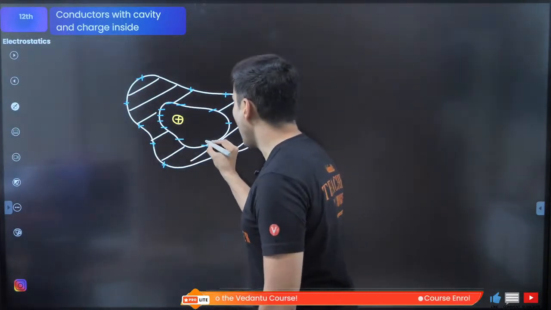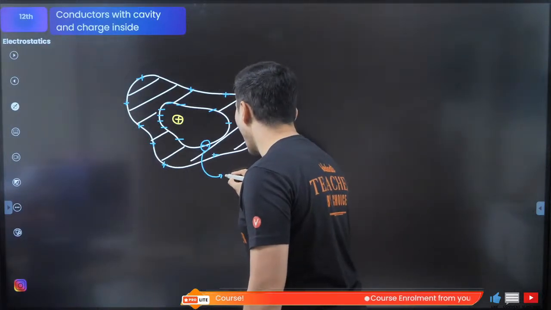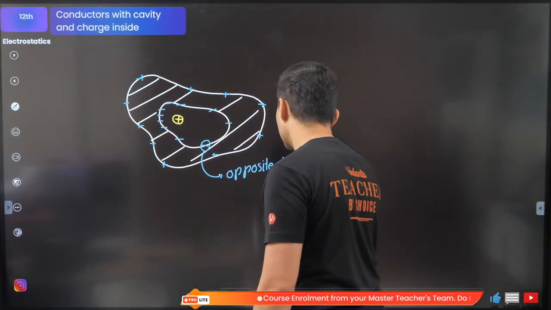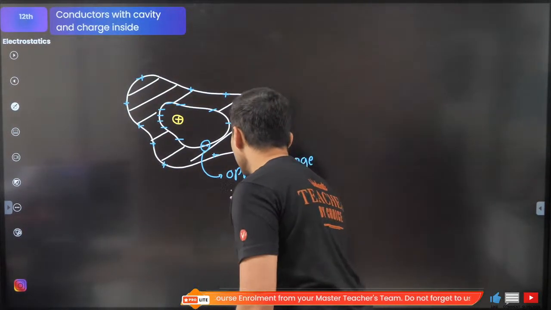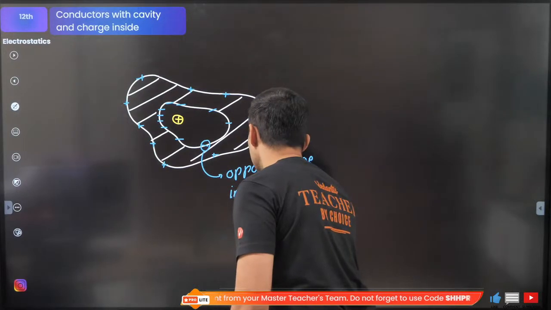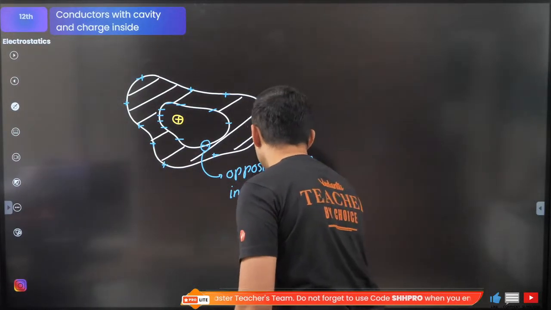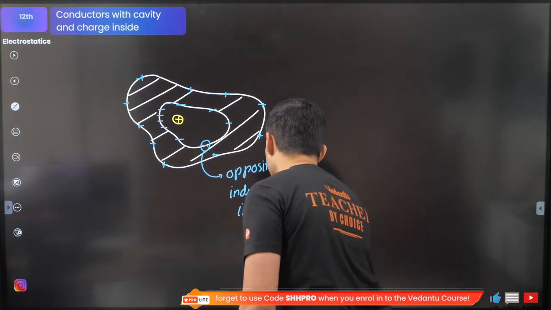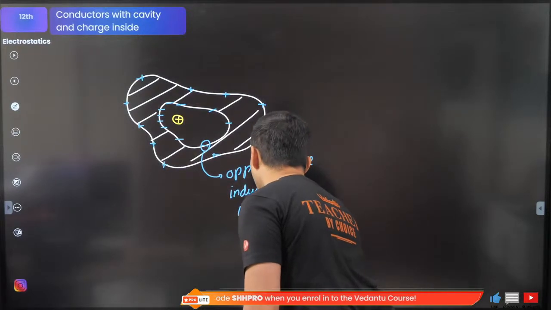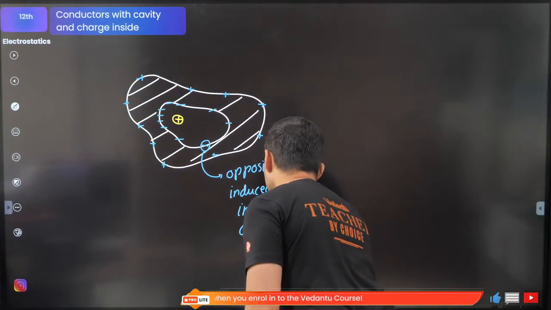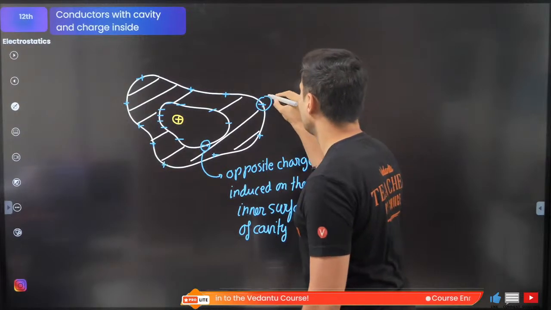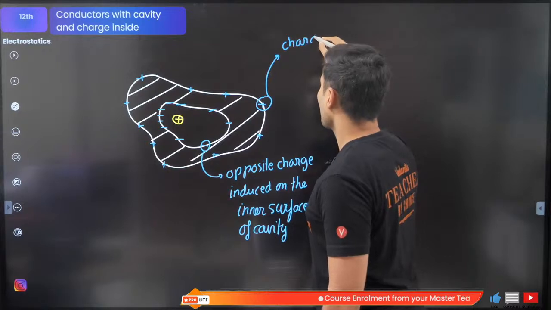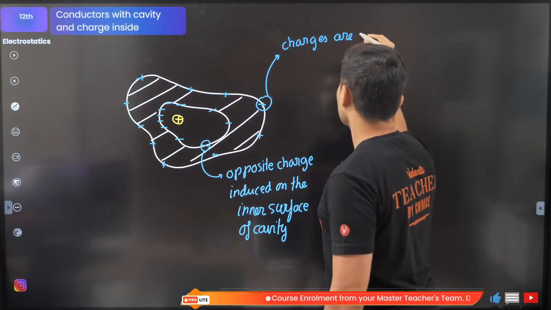These charges, I'm going to call them opposite charges, are basically induced on the inner surface of the cavity, and you will see charges are induced on the outer surface also.